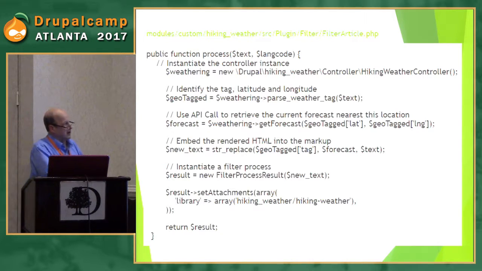Then I'm calling get forecast to go out there and execute with those two values and return a forecast. And then it's just a simple replacement of the actual tag content, which I saved here, with the weather forecast. Then the result gets returned as the content to display on the page.